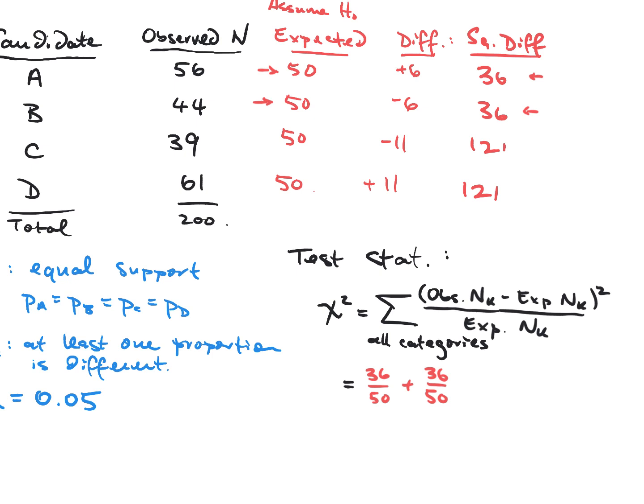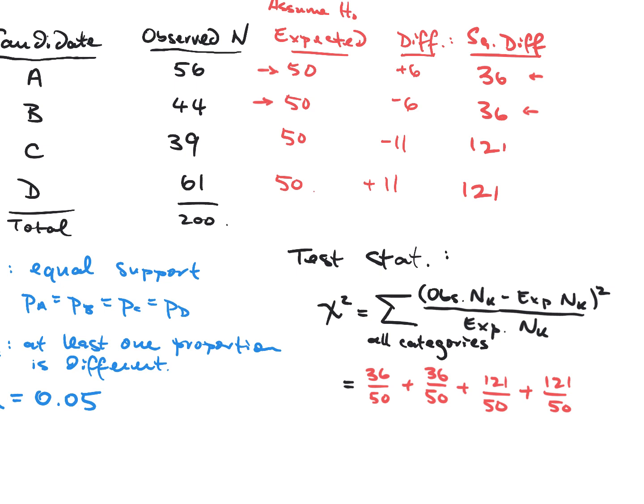Third category, the squared difference was 121, again divided by 50. And for the final category, group D, also 121 over 50.